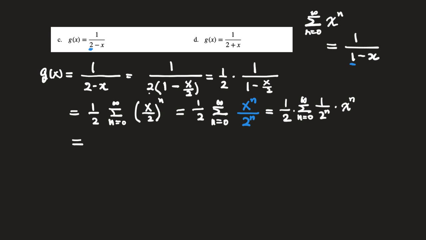Let's do a little more right here. What do you have here? 1 over 2 and 1 over 2 to the n together. So this is summation n equals 0 to infinity 1 over 2 to the n plus 1 times x to the n. That's how you find this power series, okay?